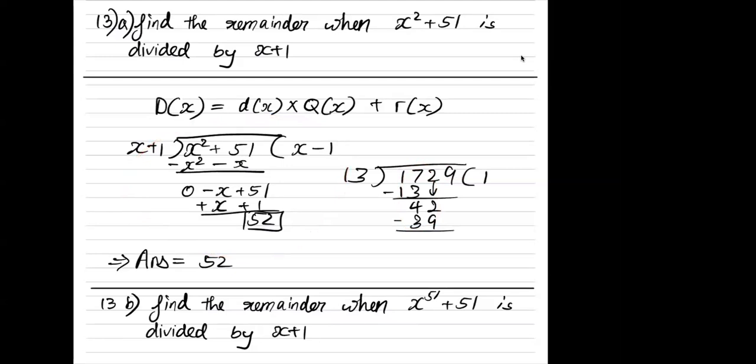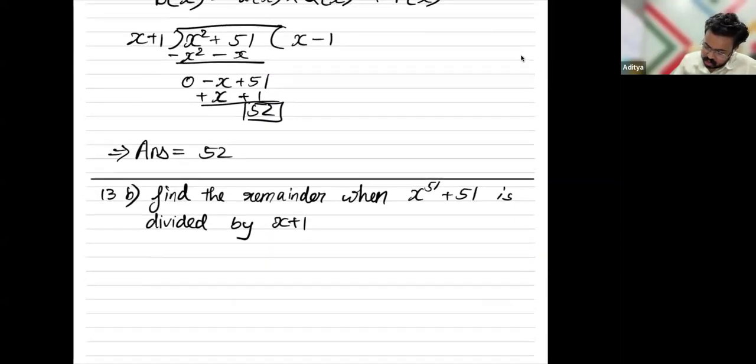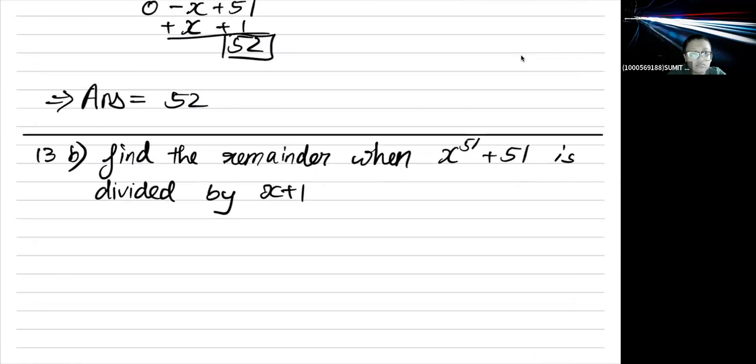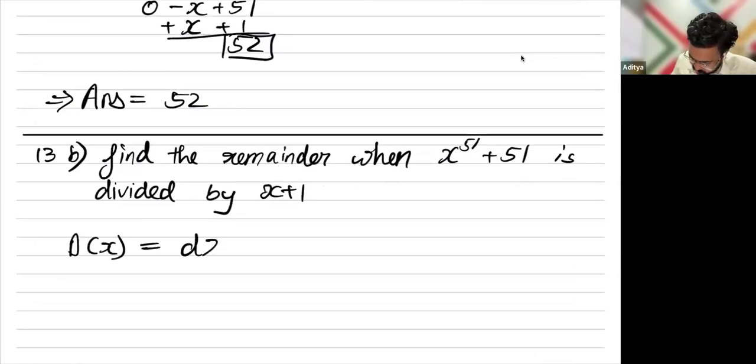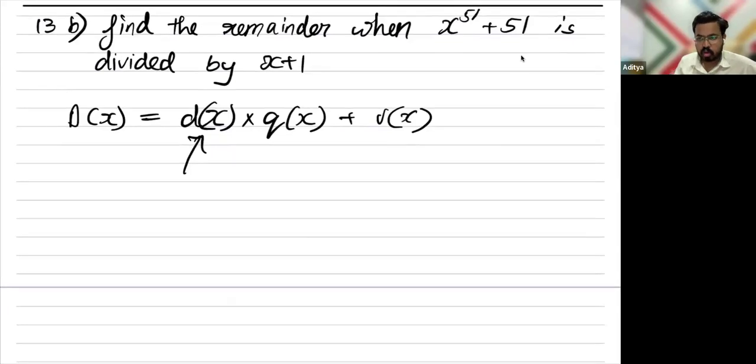Okay, now coming to the trick of this question. When we have dividend polynomial is equal to divisor polynomial times quotient polynomial plus remainder polynomial, the divisor polynomial can have roots of its own.